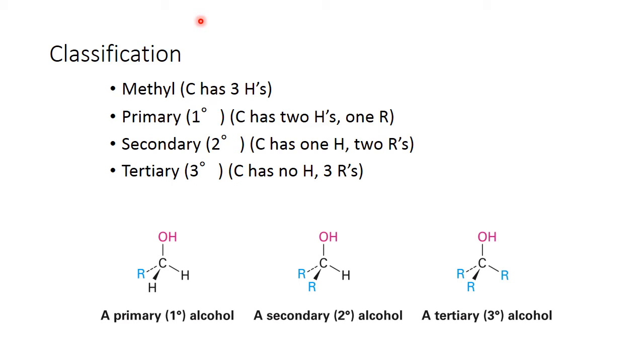Alcohols can be classified according to the type of carbon that it has. If we look at a primary carbon, it's going to be an alcohol that is on the end of a chain. So that carbon on the end of a chain only has one carbon attached to it. The rest of them are hydrogens.